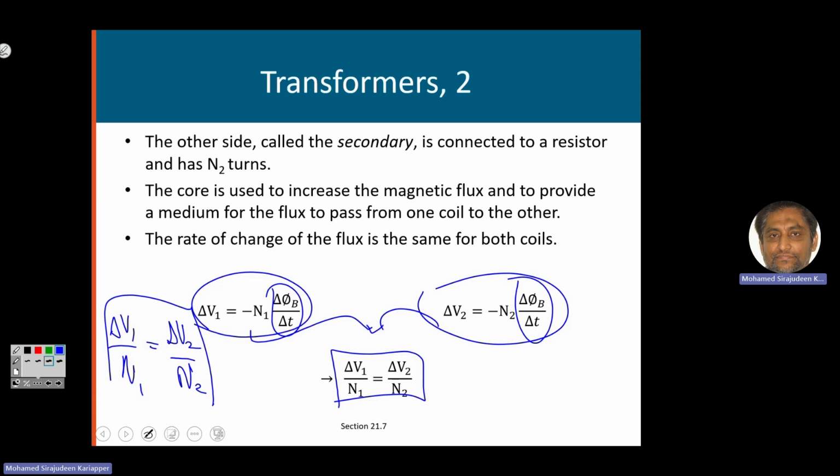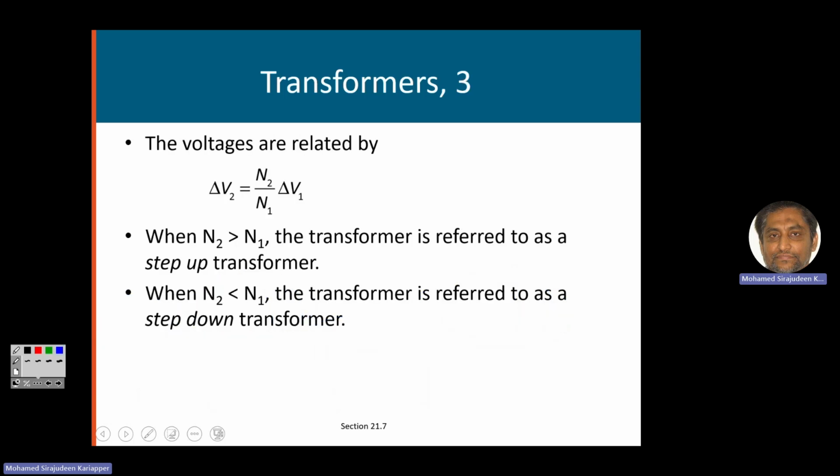So this is our transformer equation. What is the use of this transformer equation? Let me go to the last slide. Now let me rewrite that equation. This is the voltage in the secondary coil. This is the voltage in the input, the primary coil. So by adjusting this ratio, if N2 is equal to N1, what happens? The secondary coil will have the same voltage as the primary coil.